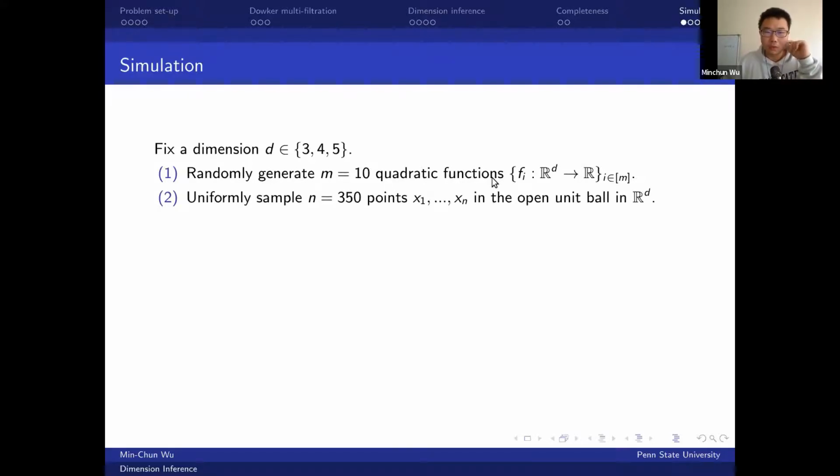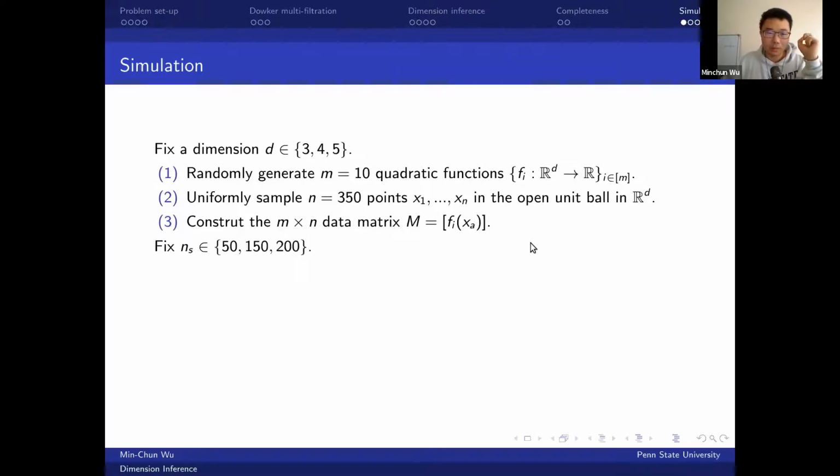Then we uniformly sample 350 points from the unit ball in R^D, representing the sample. Then we can construct this data matrix. So after step 3, we forget about steps 1 and 2. We just assume we have this matrix and we are trying to figure out the dimension D here.